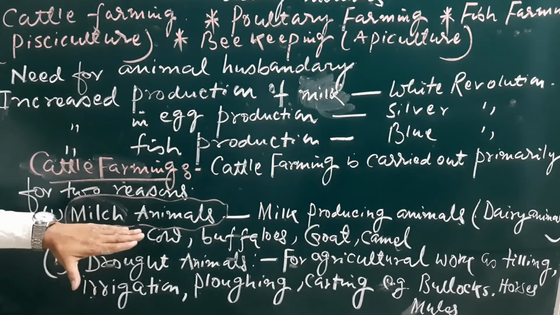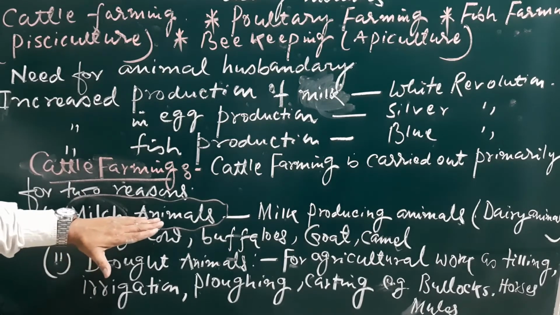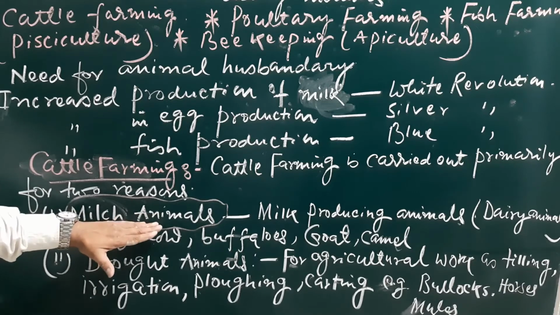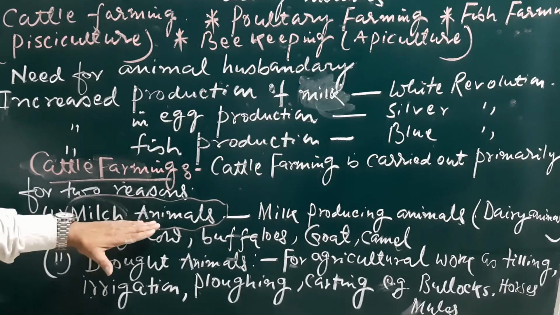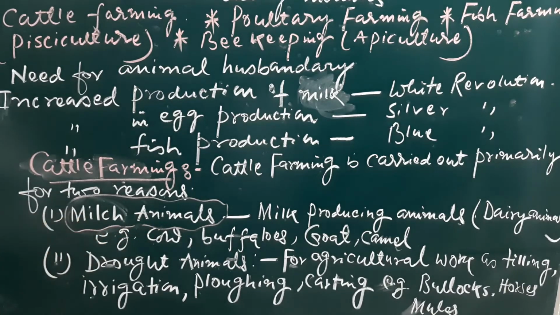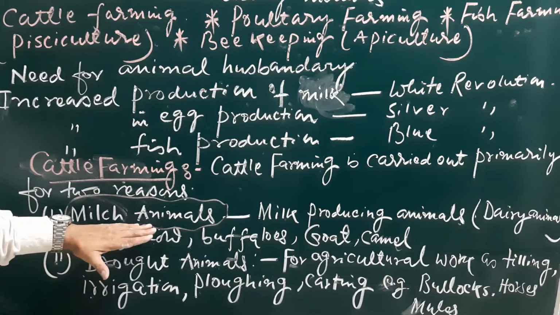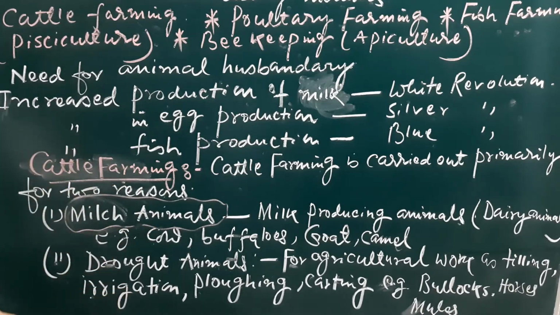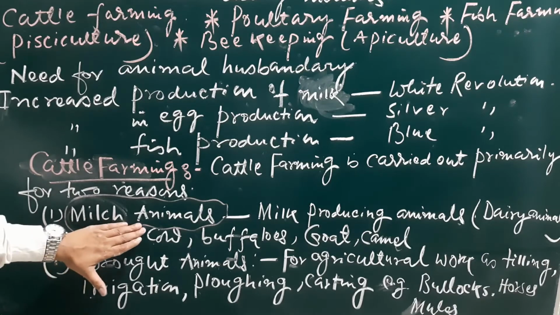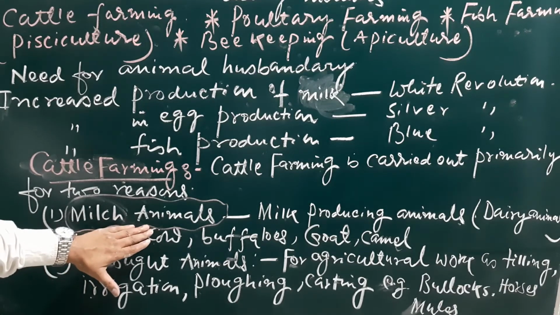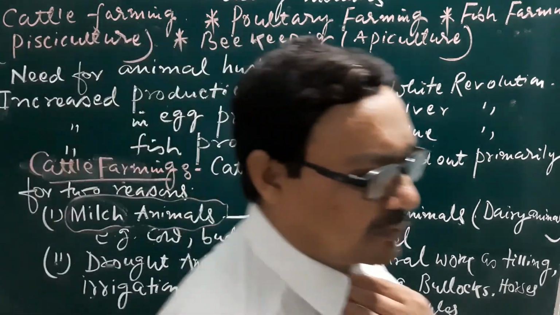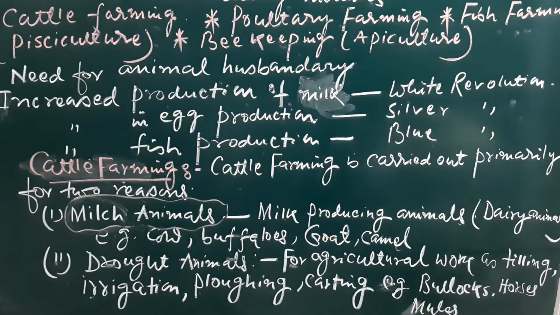Now we will study the milch animals, the different Indian species and the different exotic species. Indian species have the capability of disease resistance, and the exotic, foreign breeds have the capability of a longer lactation period.